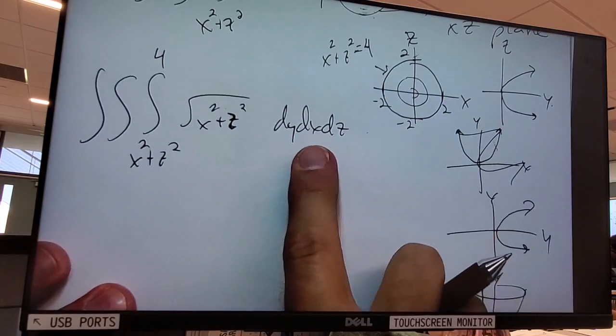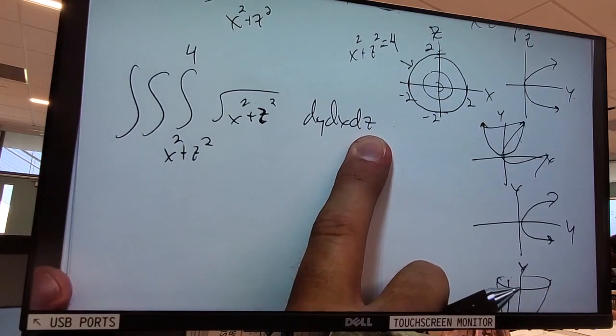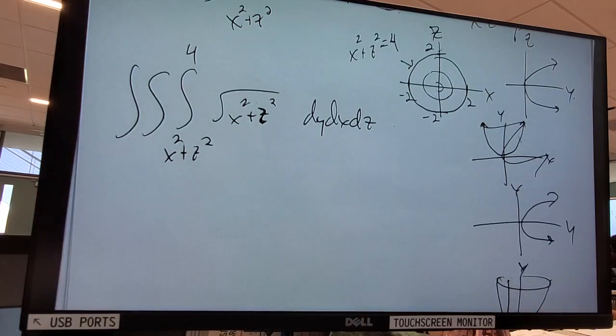You chose dx dz, yes? So which one is able to do everything it needs to do without any care? Z, it's on the outside. The outer integral will almost always be constants, because the result should be a number.